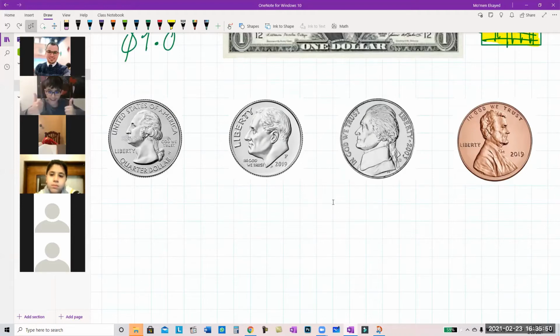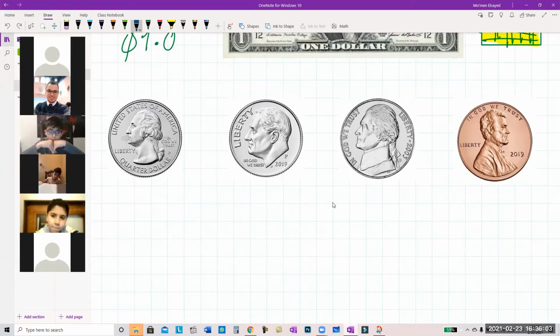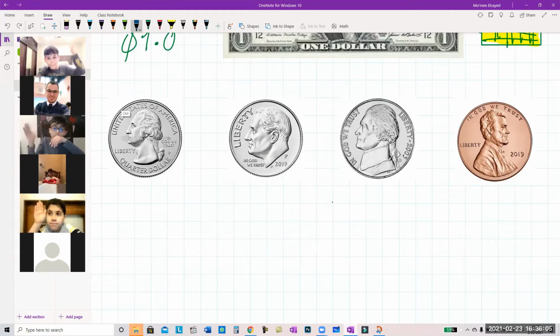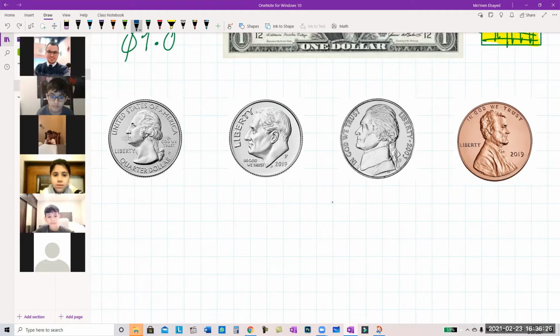Let's see. What about the first one? Who can tell me what the first coin is called? Yes, Ahmed? I think it's a cent. Cent? No. What about Mahdi? 10 cents.